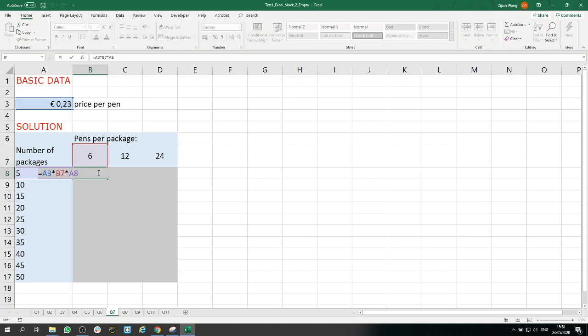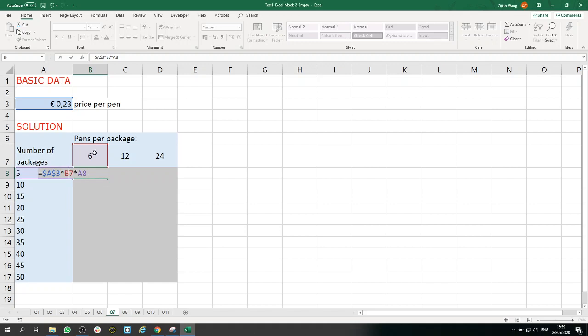But if we want to drag this formula down and horizontally to cover the whole table, we need to fix some dollar signs. So first let's have a look at A3. Should A3 be fixed? Yes. And since we want to move in both directions, A3 should be locked in both directions.